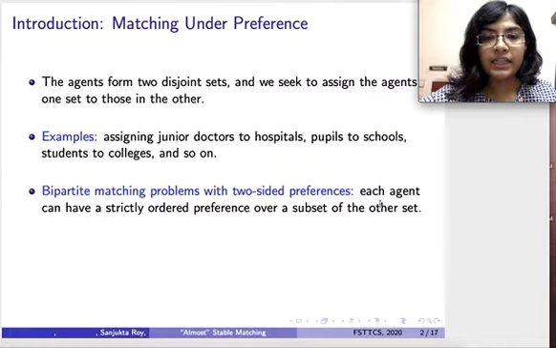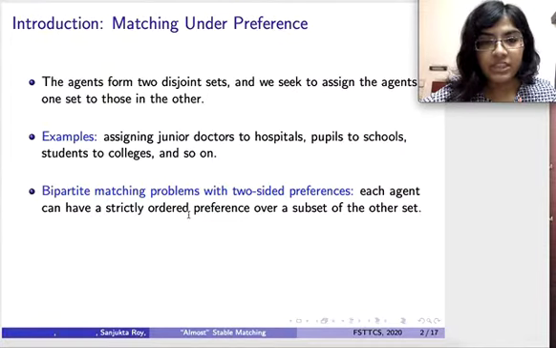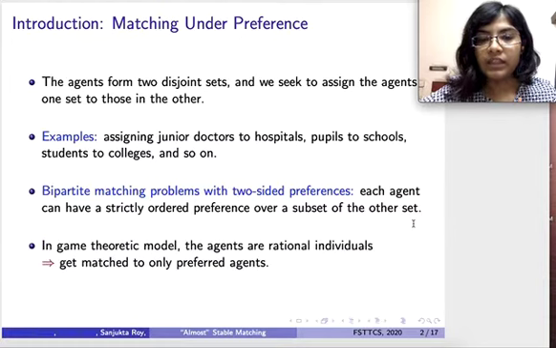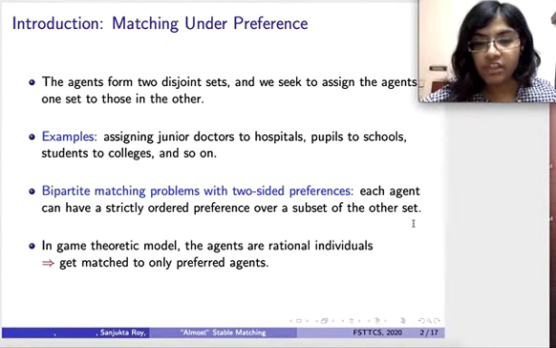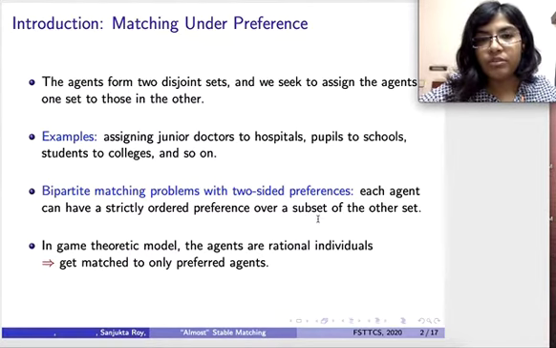As I said, each agent on one side gives a strict linear ordering, which we call the preference, over a subset of the other set. We assume that every agent is individually rational, which means that they would prefer to remain unmatched rather than getting matched to someone who is not in their list, not in their subset. So this is the basic model that we'll be working on.